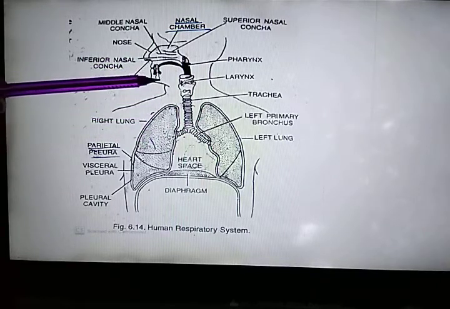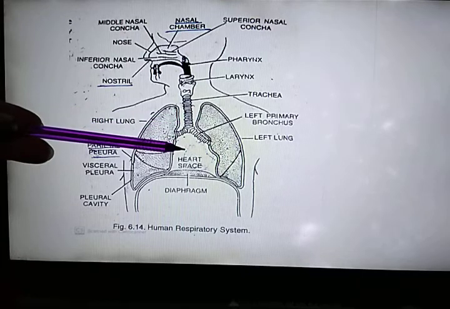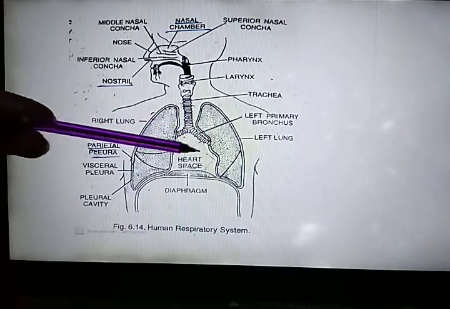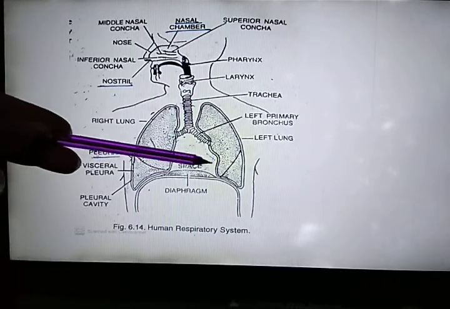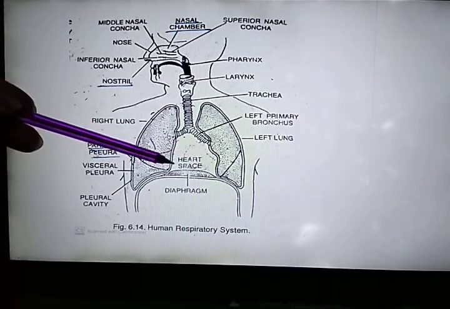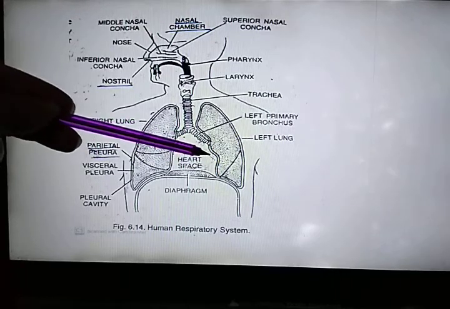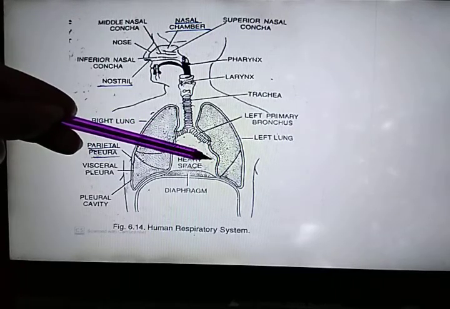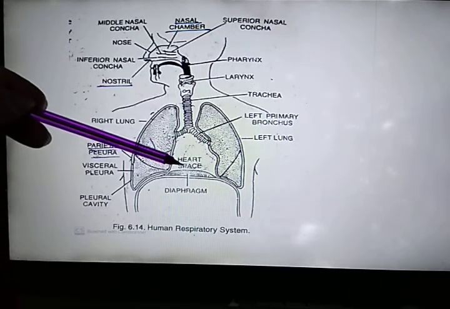So what is the position of the heart? Heart is situated in the thoracic cavity in between the 2 lungs, and it is slightly tilted towards the left side. The broader base of the heart is present towards the left side, and its lower part is toward the right side.